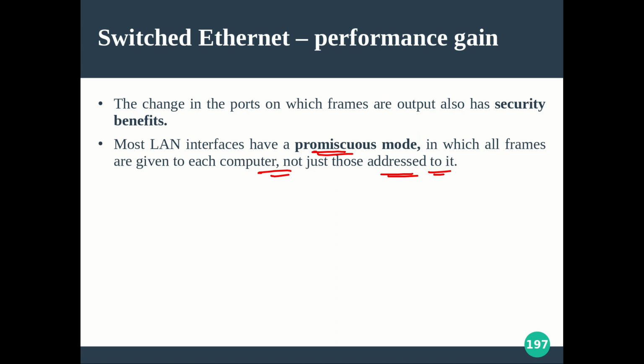But if they are not ignoring it, you can think of it like that. That means every device connected as part of hub-based Ethernet or classic Ethernet was exposed to all communications. That is what we call promiscuous mode. When a device is in promiscuous mode, it can see the communication happening in the entire Ethernet.